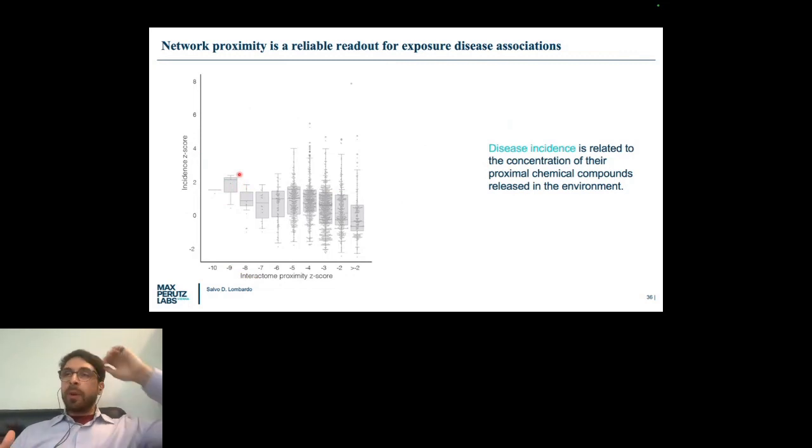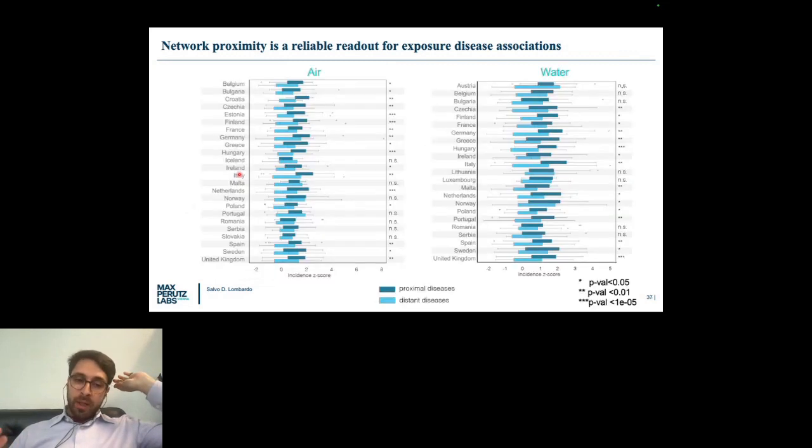And as I said before, we have performed this for each country, so that basically we can map each of these countries. And a follow-up was that we could actually take the incidence of these proximal diseases and the incidence of distant diseases, so those diseases that are distant from the exposures that are highly present in each of these countries. And then we tested whether these incidences were statistically different or not. That was done just by a normal t-test for each of these countries.